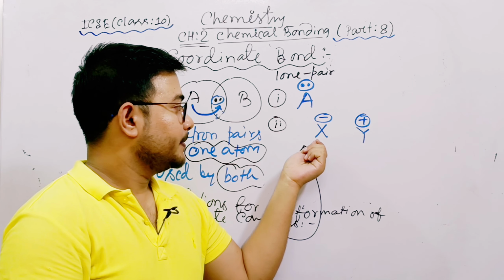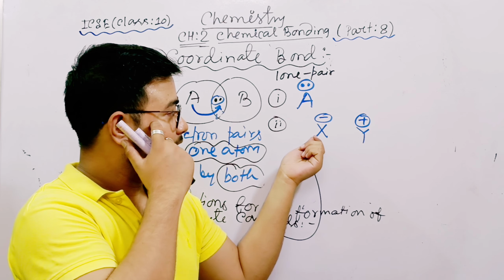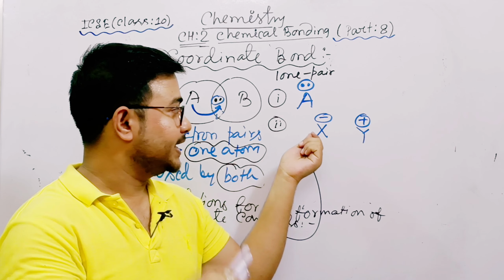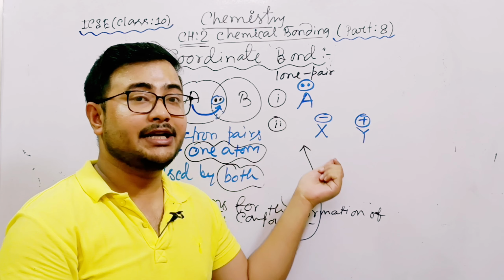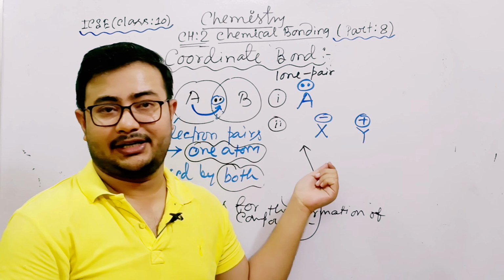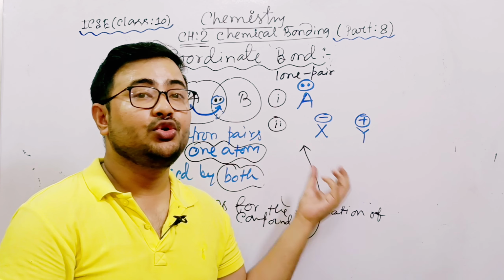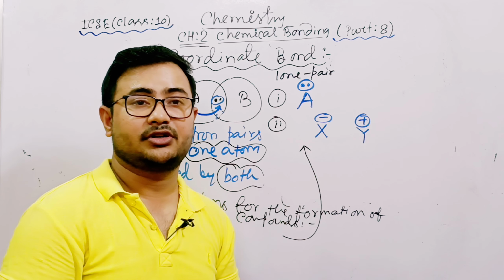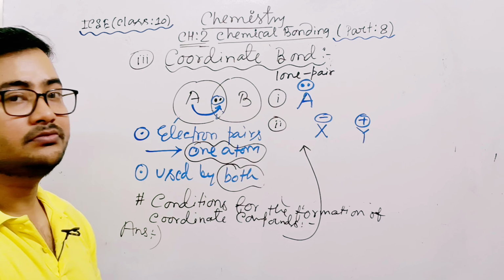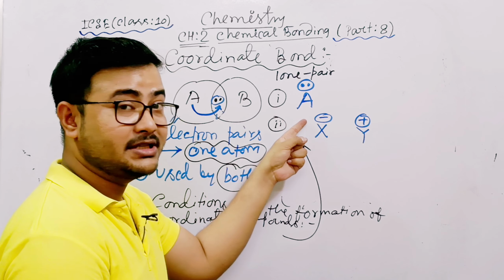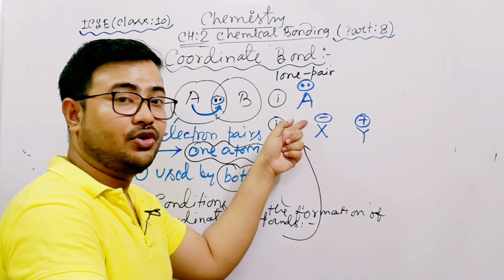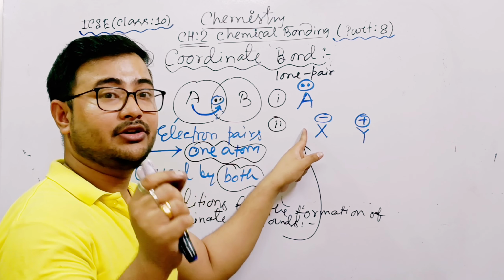Which atom has more electron density, and which atom is electrically vacant, with a scarcity of electrons? What is the charge of an electron? Negative. So negative means electron on it, so it has more electron density.